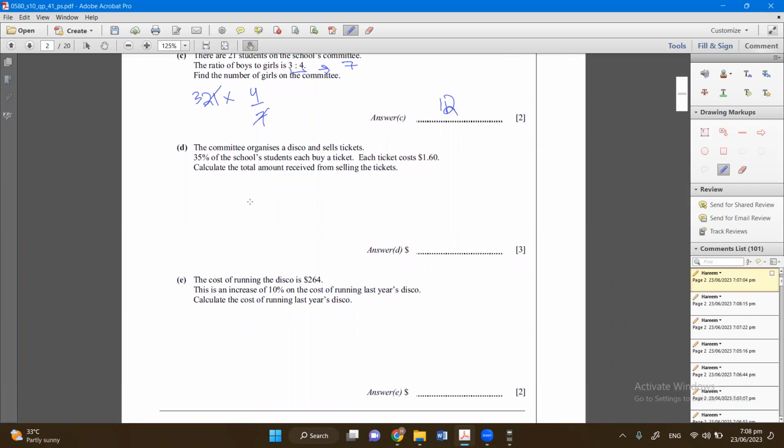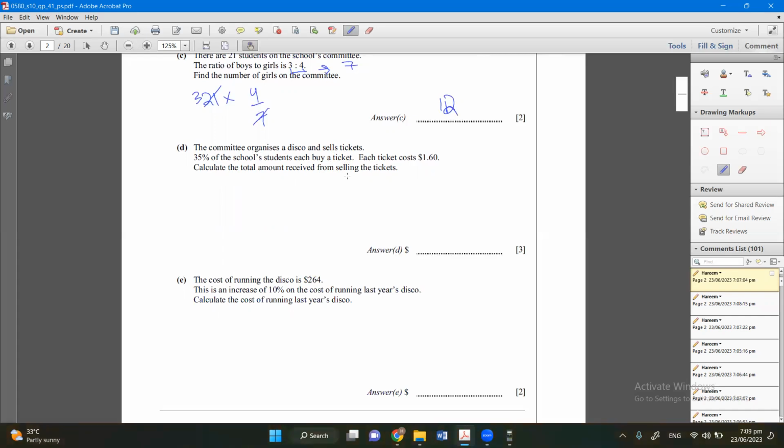Coming towards part D, the committee organizes a disco and sells tickets. 35% of the school students each buy a ticket.